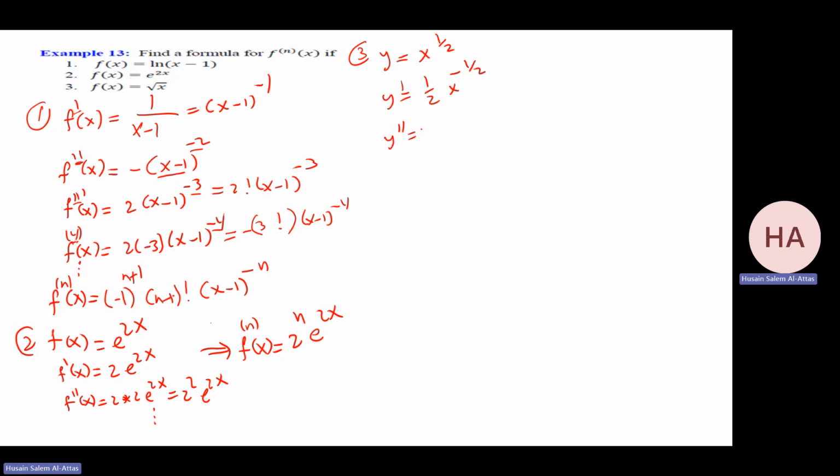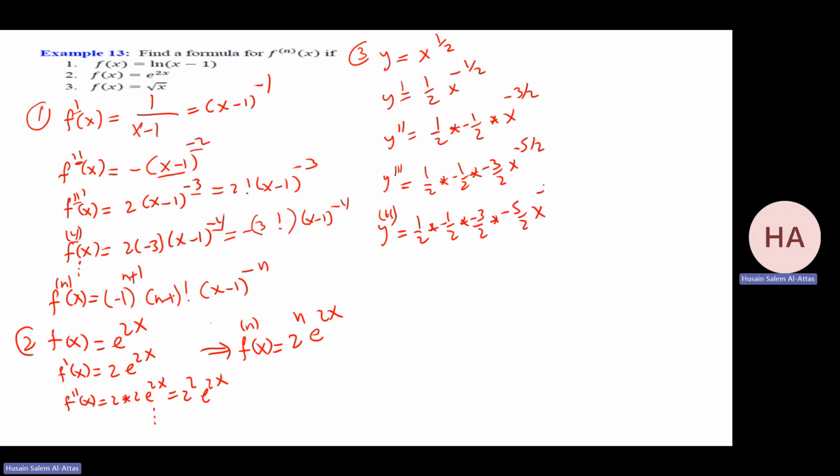Okay, y double prime is half times minus half times x to the power minus 3 over 2. y third derivative will be half, minus half, minus 3 over 2, x to the power minus 5 over 2. y fourth will be half, minus half, minus 3 over 2, minus 5 over 2, x to the power minus 7 over 2. Yeah, let me try now to think about the nth derivative.